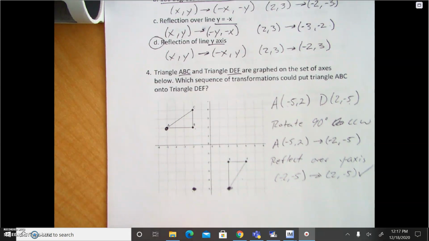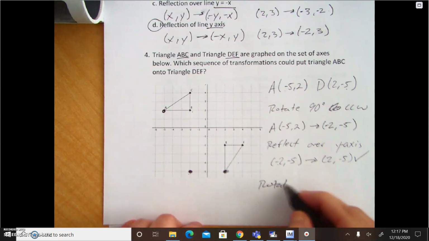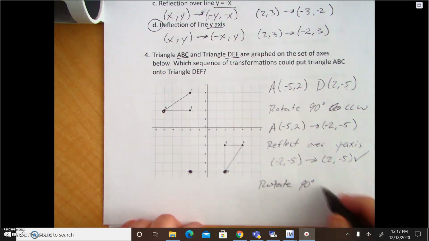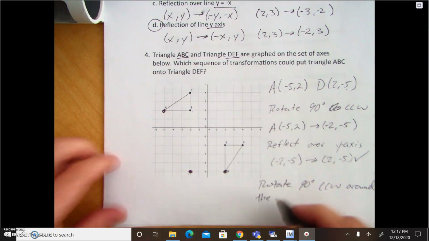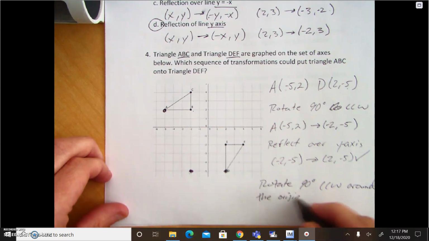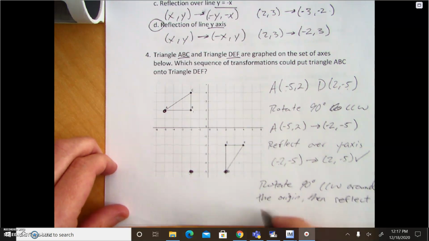So my transformations are going to be rotate 90 degrees counterclockwise around the origin. Then reflect over the y-axis.